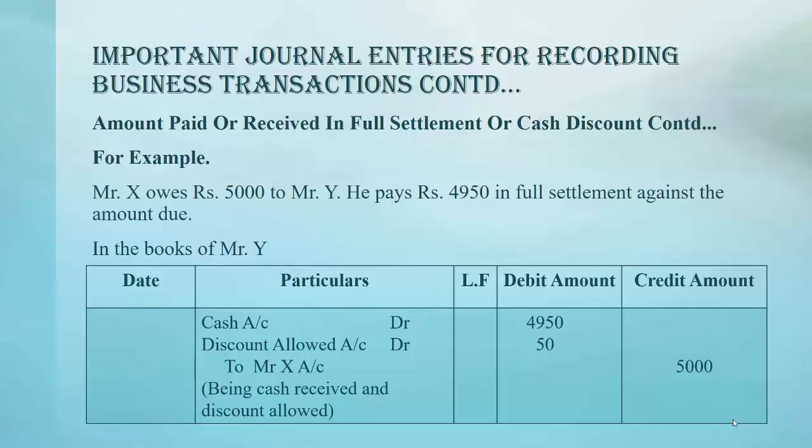Mr. Y is actually allowing a discount of rupees 50 and it is an expense for Mr. Y. So the rule for the nominal account will be applied on discount allowed account. So discount allowed account will be debited with rupees 50 and Mr. X is a giver. So Mr. X account will be credited as per the rule of personal account. And at the end we have to put the narration, that is being cash received and discount allowed.